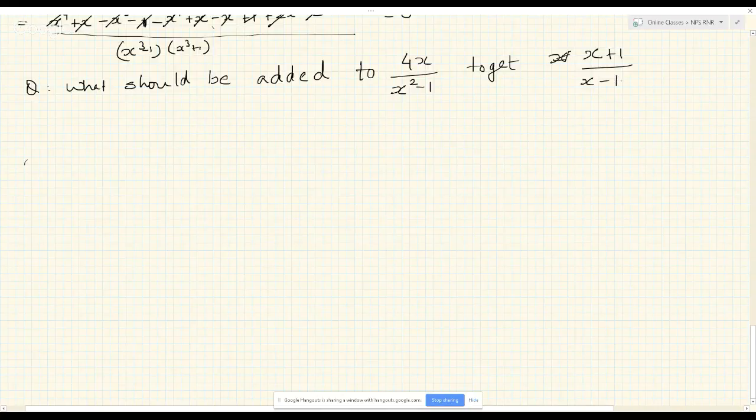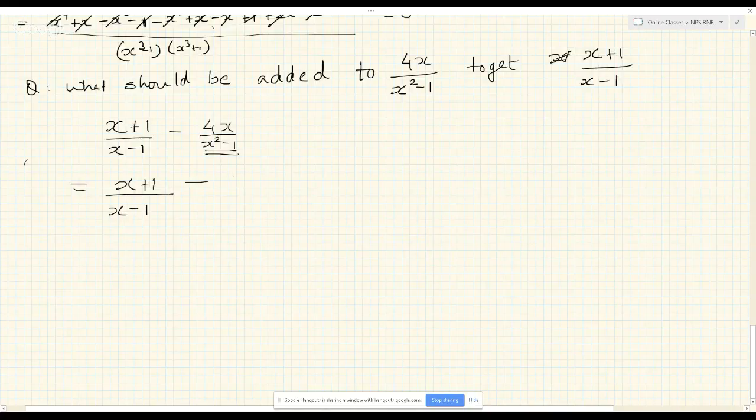Okay, so simple. What should be added to 2 to get 4 is 4 minus 2. So that particular thing is x plus 1 by x minus 1 minus 4x by x square minus 1. This should be added to 4x by x square minus 1 to get this. So let's write x plus 1 upon x minus 1, and the moment I see this x square minus 1, the first thing which comes in my mind is you write it as x minus 1 and x plus 1.